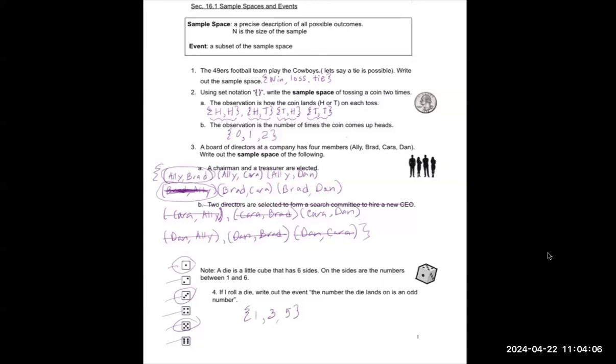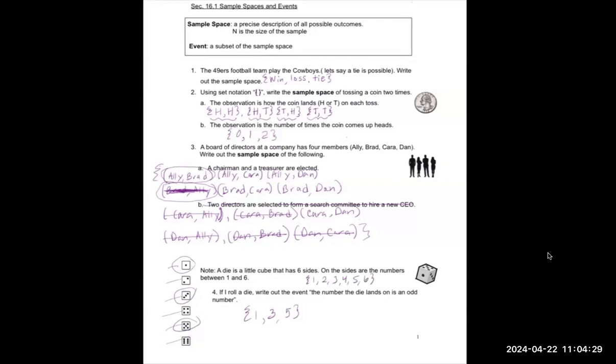When I roll a die, all the total possible outcomes are the numbers 1 through 6, right? So here's your sample space of rolling a die. It's 1, 2, 3, and so on, because it could land on any of the faces.